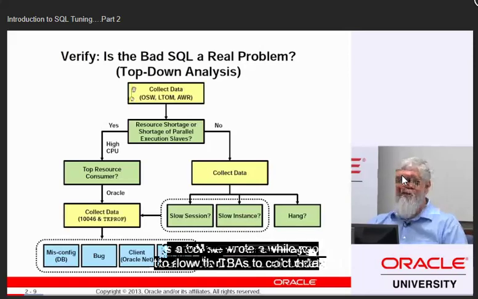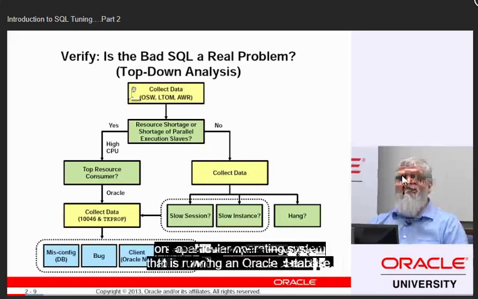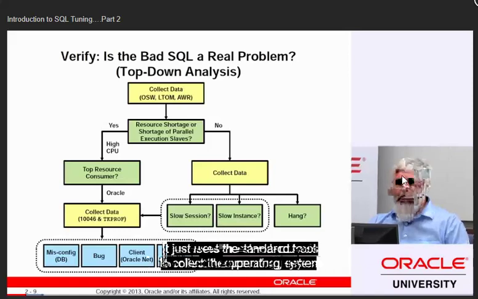It just uses the standard tools to collect the operating system information. This little tool was tailored per operating system where the Oracle database actually runs.